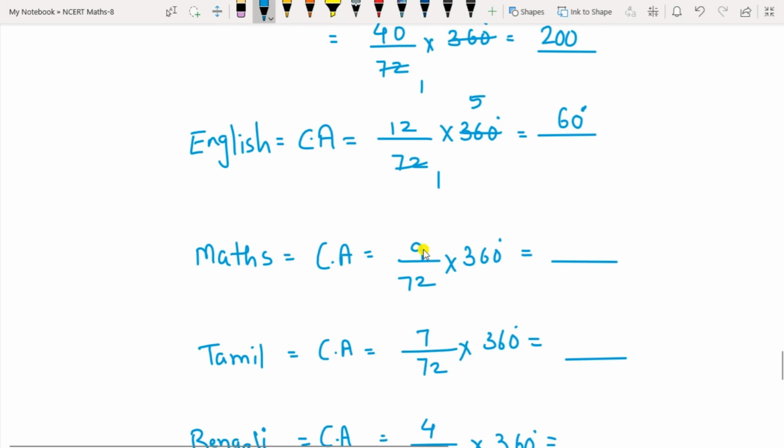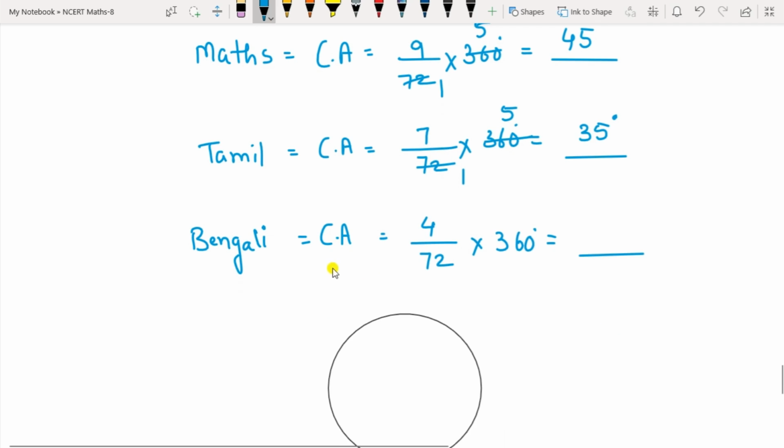Then for Marathi, it is 9 upon 72 into 360. 9 5s is 45 degrees. Then for Tamil, 7 upon 72 into 360. 7 5s, 35 is the central angle for Tamil.